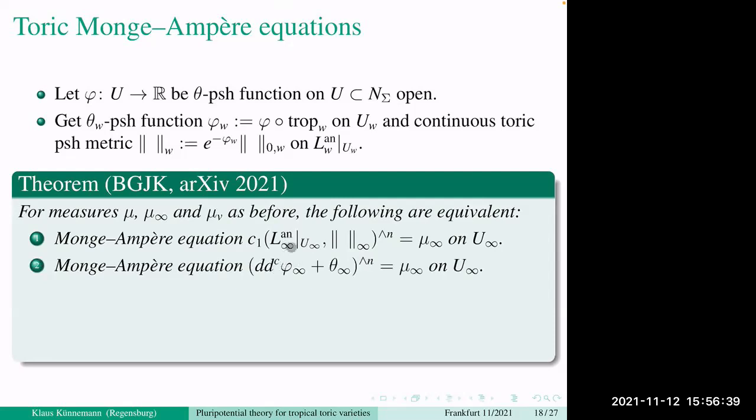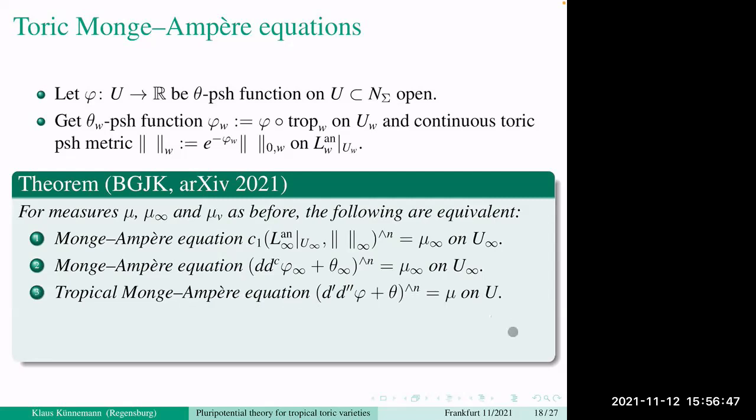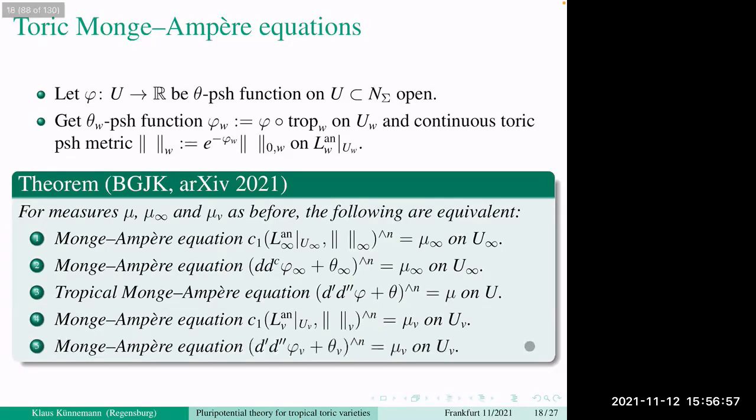So this is equivalent to this equation here, and this is now equivalent to the tropical Monge-Ampère equation here. It's also equivalent to the corresponding Monge-Ampère equation on the non-Archimedean space. Here you can also formulate it like this. So all of these Monge-Ampère problems are equivalent.